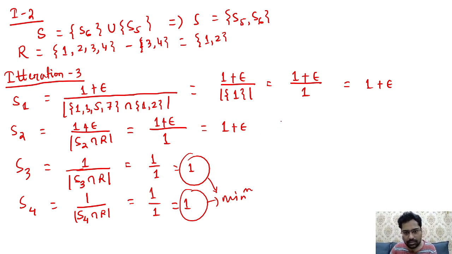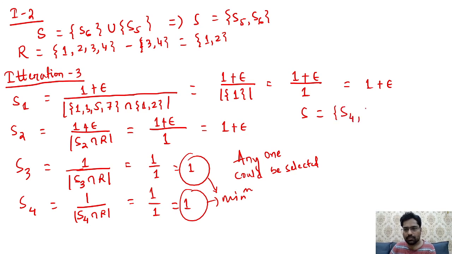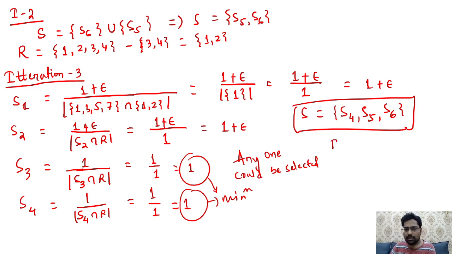If I'm selecting S4, anyone could be selected, but I'm adding S4 to S. So S4, S5 and S6, I have now added within this, and the R value will be 1, 2 was previously there.